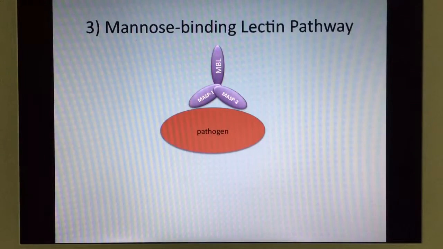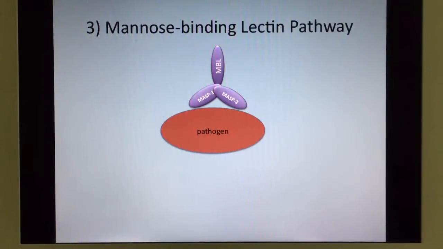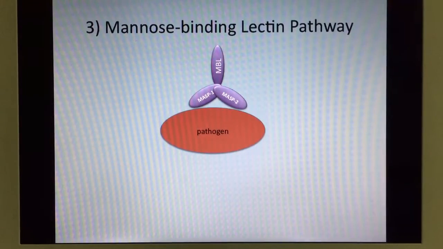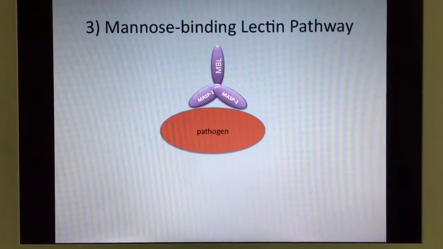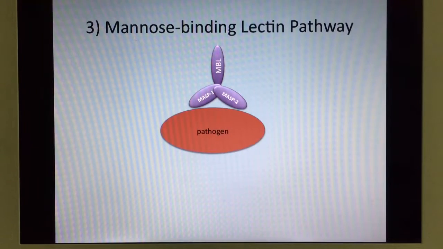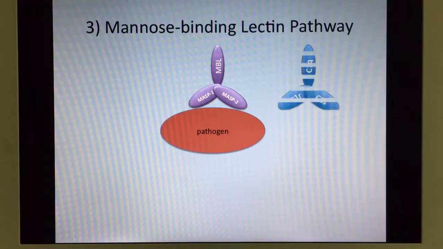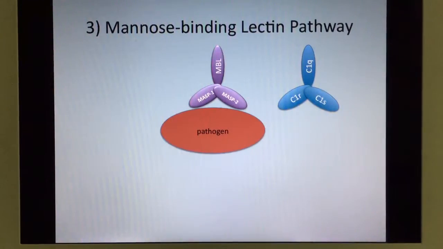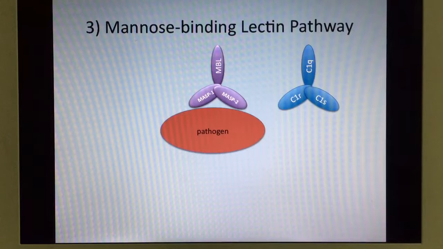The mannose-binding lectin binds to the mannose on the surface of the pathogen and activates MBL-associated proteases MASP1 and MASP2 to trigger the cleavage of C4 and C2 in the same manner as the C1 complex of the classical pathway for the formation of C3 convertase.